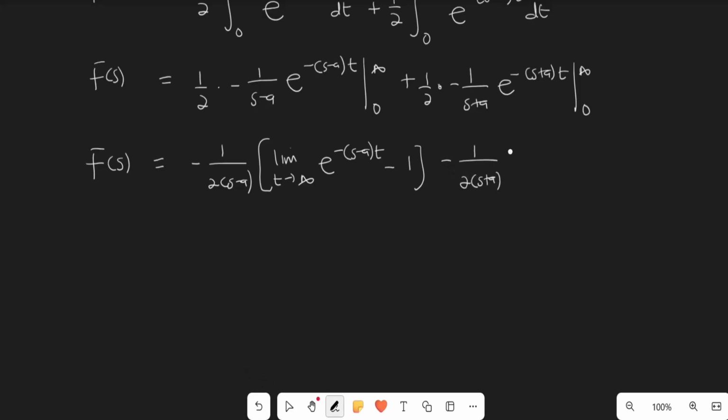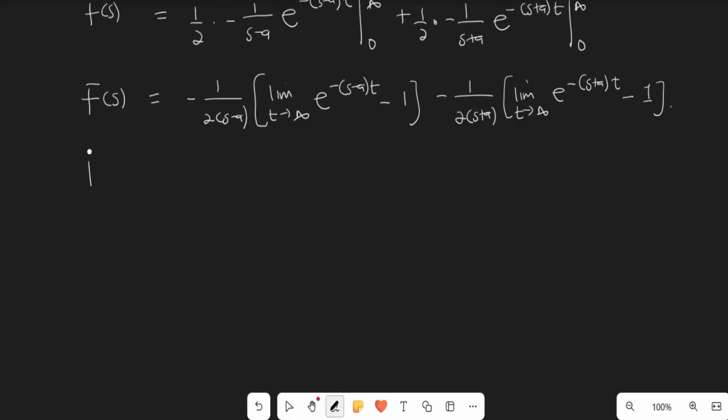And now we are going to take the limit. So the limit as t goes to infinity of e raised to the power negative s plus a times t, minus the lower limit, plug in 0, that is going to be e raised to the power 0, which is 1. Okay, so the calculus is done here. Next is now algebra. So negative 1 all over 2 times s minus a. Cool.